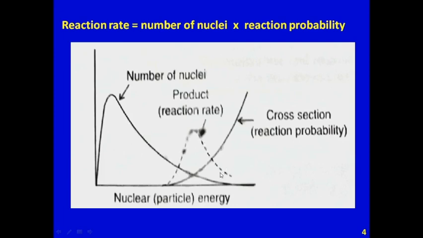This dotted line curve is the product of these two curves, and this is the reaction rate. By the geometry of the figure, you know that at this point, the intersection of the number curve and the cross section curve, the reaction rate will be maximum because the product will be maximum at this point.